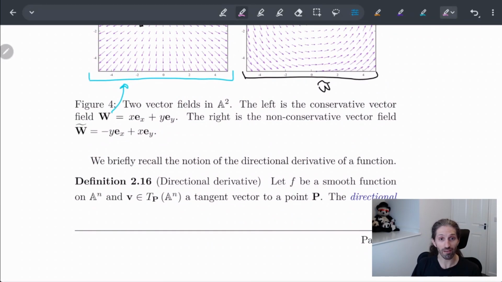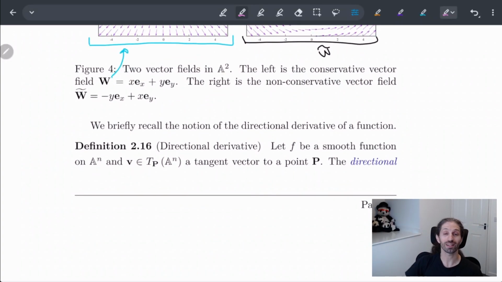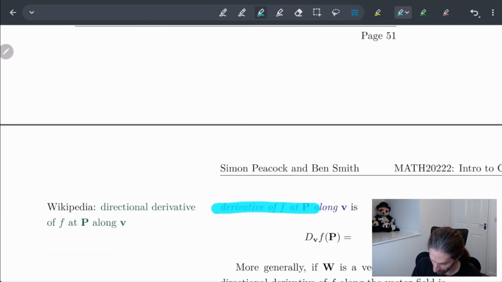So we're going to let f be some smooth function on affine space. We're going to let v be some tangent vector at the point p. I'm not necessarily taking the one that increases the most; we're just going to take an arbitrary one. And now the directional derivative of f at p along v.